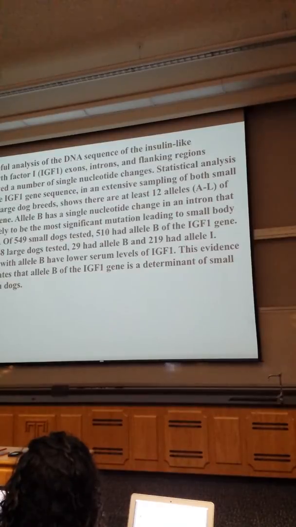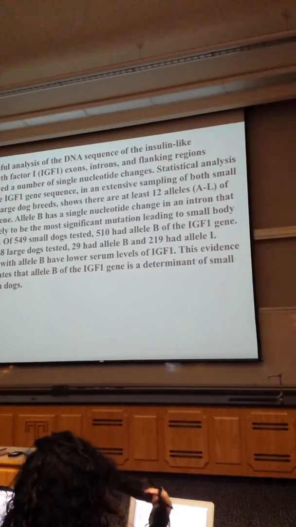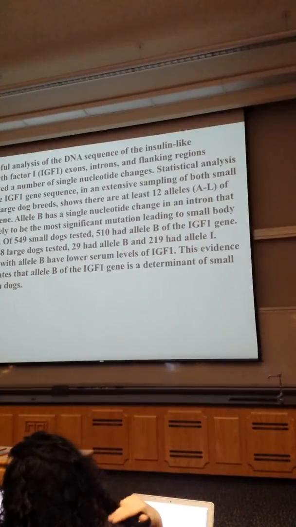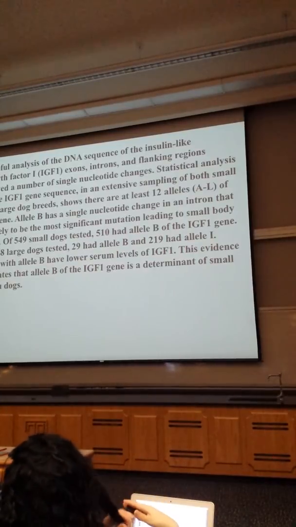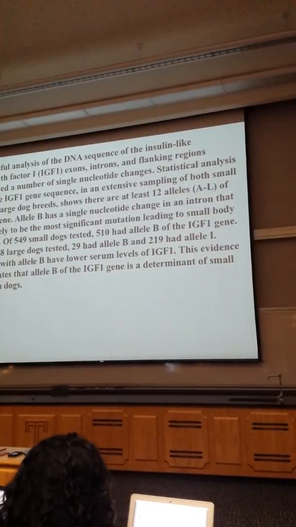And what they found, I've always told you about how for every gene we have 2 alleles, one from our mother, one from our father. But across the animal kingdom, you're going to have what is called allelic variation.